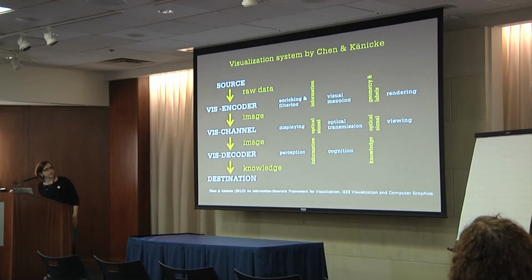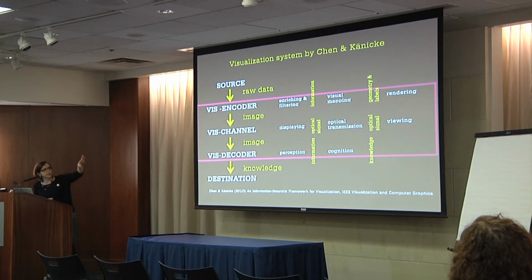So this is another graph, made by a collaborator on this other paper, that proposes a system for looking at how we go about visualizing. Those are philosophers, so they are not visualization people.